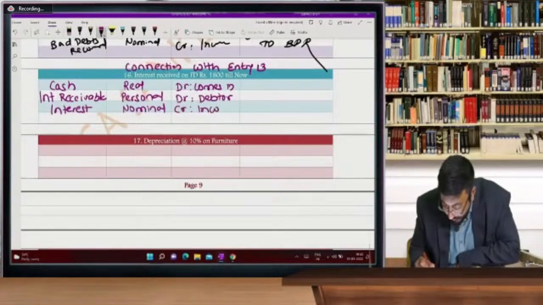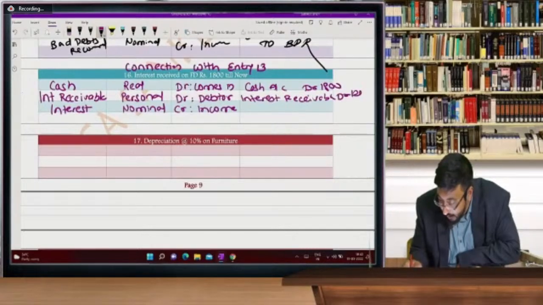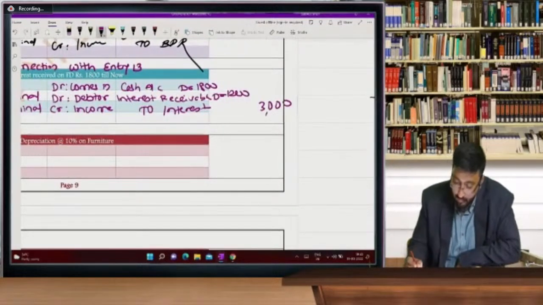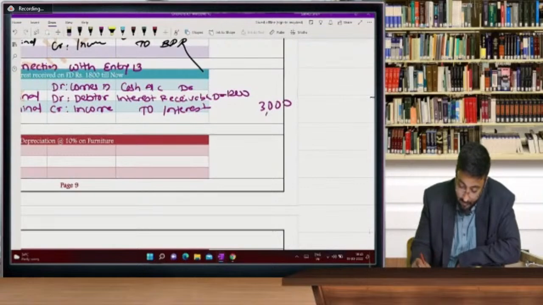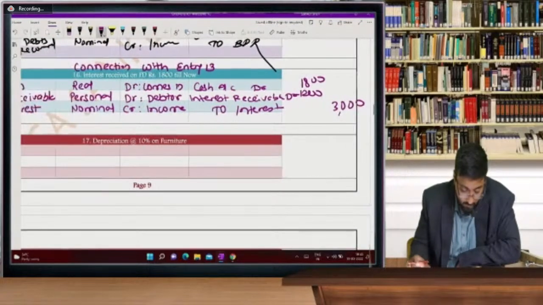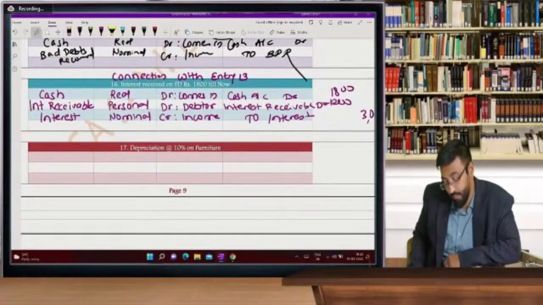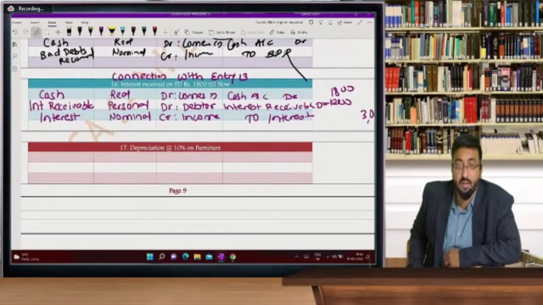Credit all income. Cash account debit 1,800. Interest receivable debit 1,200. To interest, beta, 3,000. Yes, you can write this entry. Cash is real, interest receivable is personal, and interest is income.